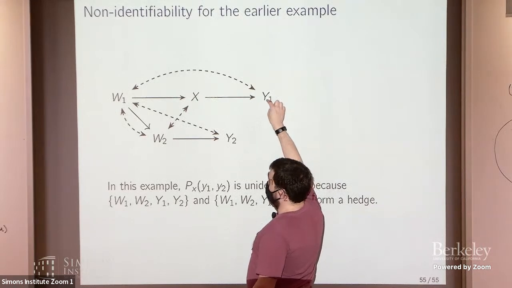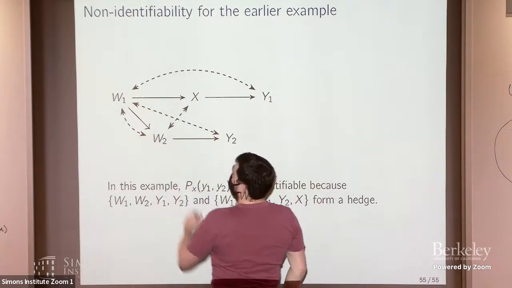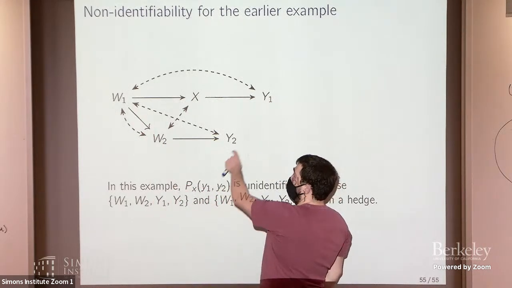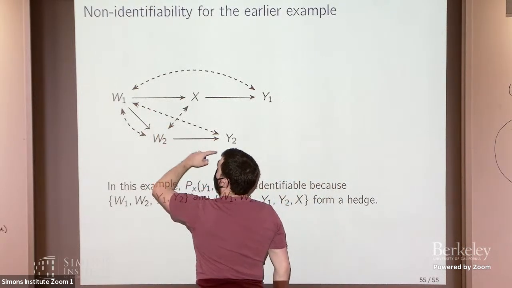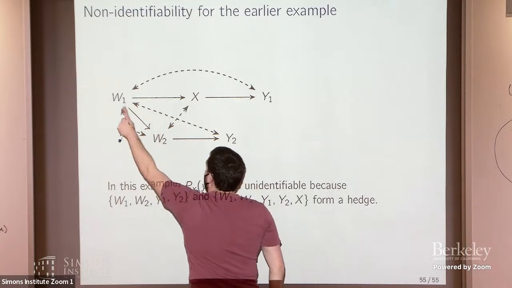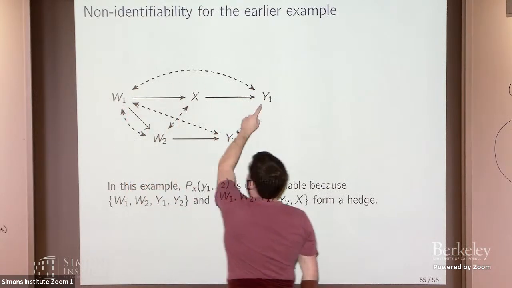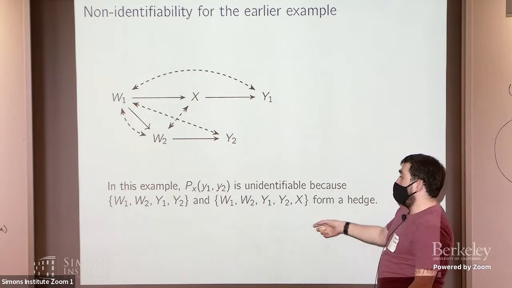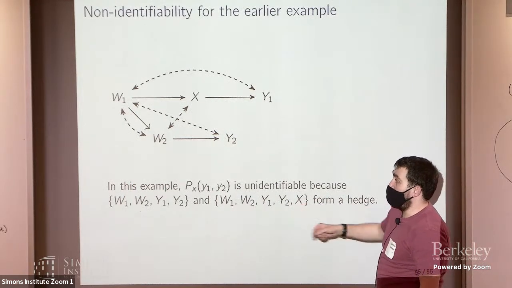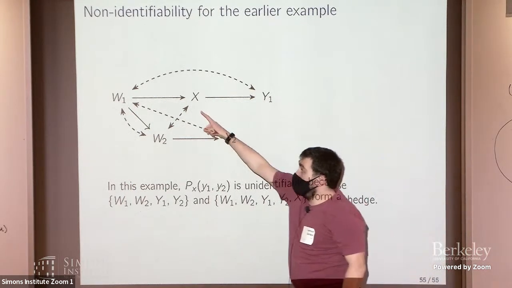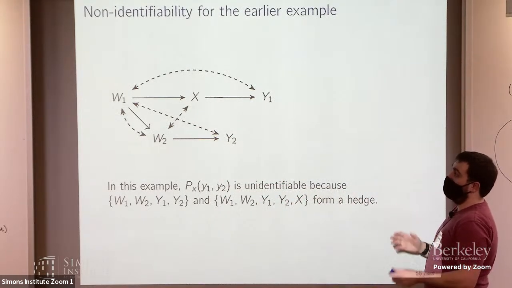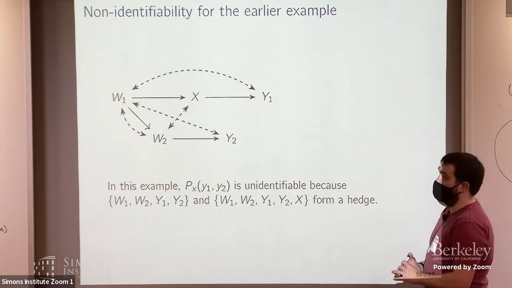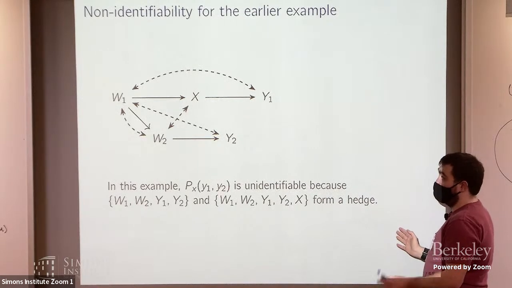It contains this vertex and then these two edges. So it's a forest and the roots are Y. And then it's a single C component because there's a bidirected edge between W and Y2, W1, W2, and W1 and Y1. And then the larger forest comes by adding back in X, and it's still a C component because of this edge. And then you can apply the same sort of counterexample to prove non-identifiability.